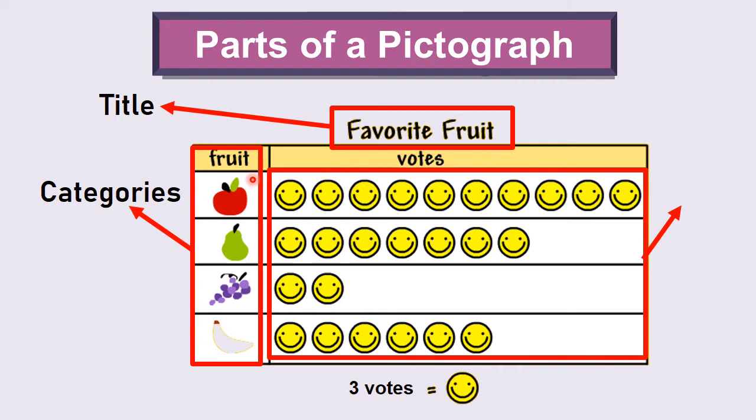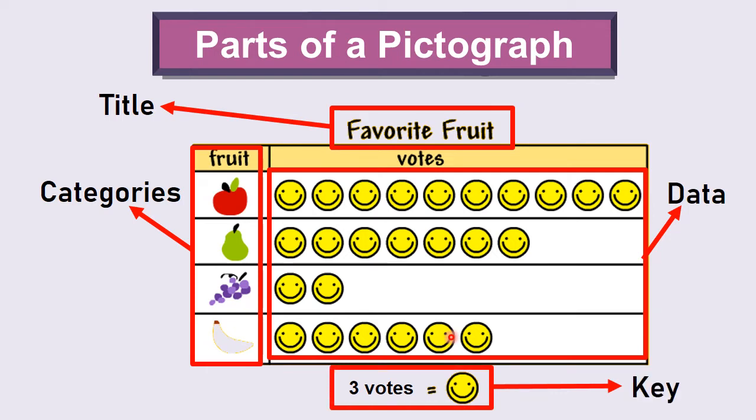Next, we have here the data. The data gives the visual presentation of how many preferred each category presented on the left. And the last and the most important, we have the key.